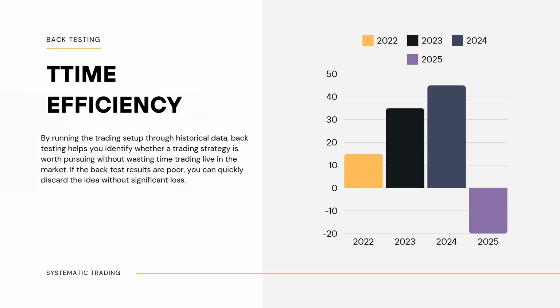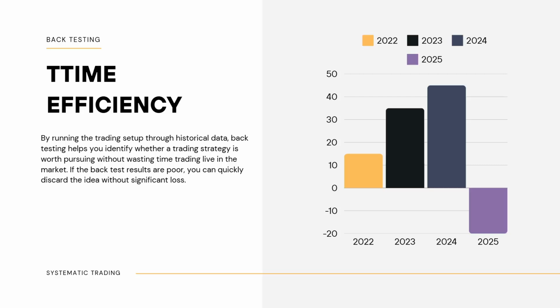Time efficiency. Now over here, we should understand that if your trading setup is not that great, maybe on paper it's looking amazing, maybe the amount of work you have put in formulating a particular trading setup, I completely agree and I completely respect it.